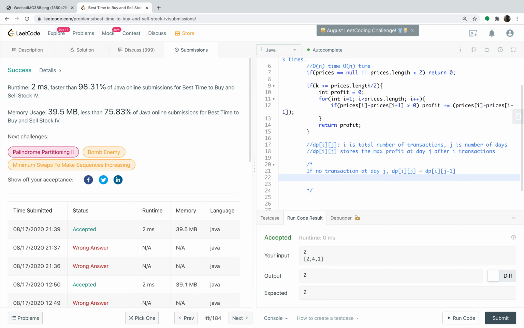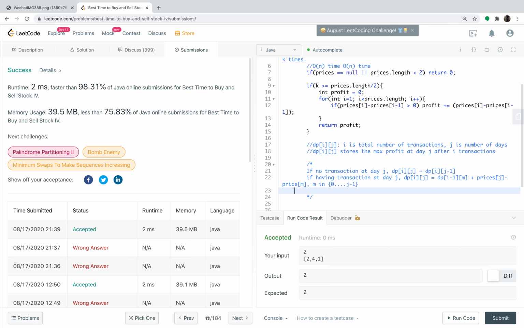The second case is that if having a transaction at day j, so dp[i][j] should be equal to the maximum profit at some day m, with the last transaction i minus 1, plus the price difference, prices[j] minus prices[m], where m is in the range of 0 to j minus 1.